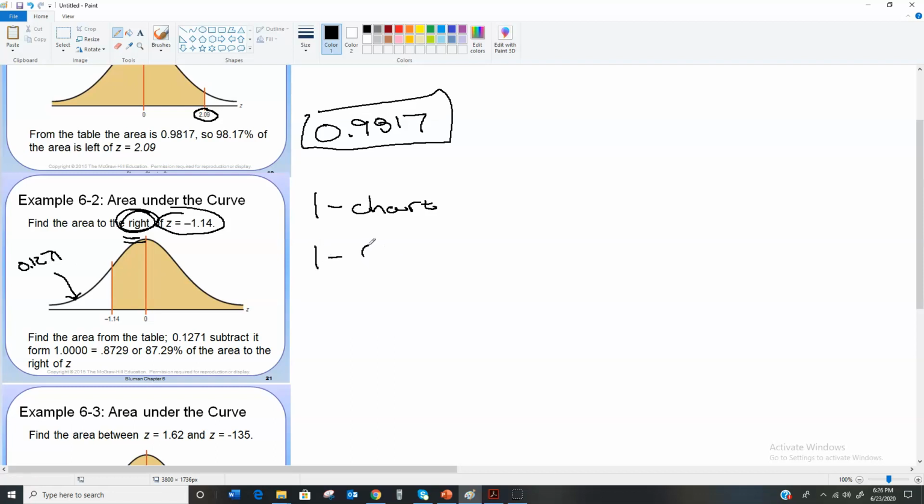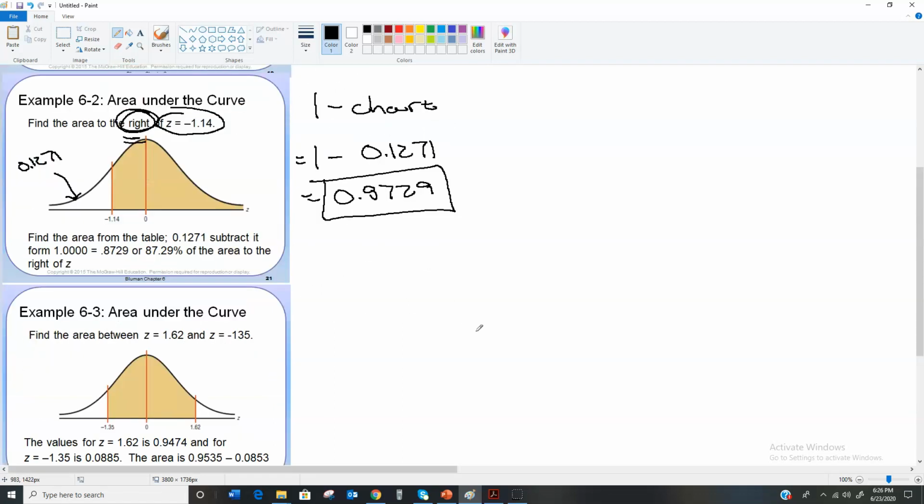So 1 minus 0.1271, just type that in on your calculator, and you should get 0.8729. And that's the answer that you want. So the probability, or the area above a z-value of negative 1.14 is 87.29%, or 0.8729. But on the chart we get below, so we have to subtract that.